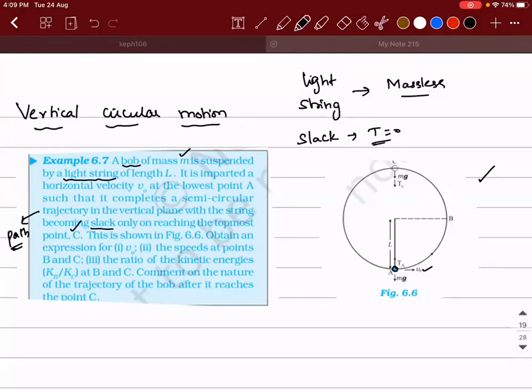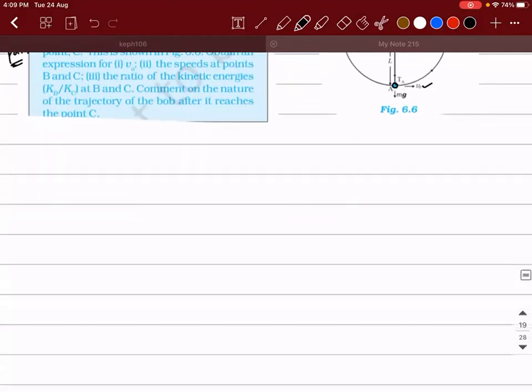Okay. First, I want you to visualize what it means. Now, you guys tell me. Let's say I give you a string like this and a bob fixed to it. What will happen if you give velocity to it? Since it is fixed at this point, what will happen? The particle will try to take a curved path like this. Am I right?